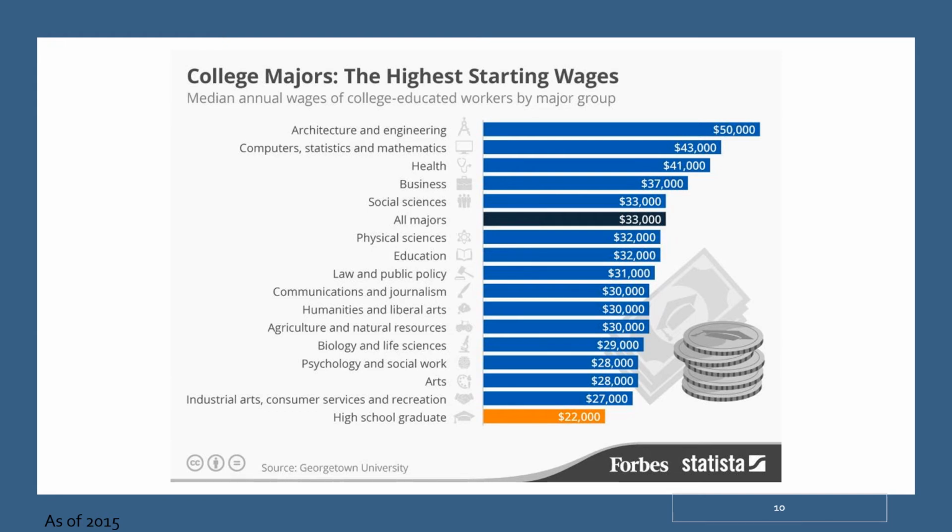You'll see that for all majors, the median average is $33,000. However, the one you should be looking at is the one in marigold down at the bottom, high school graduate, $22,000. So when you're having those days when you're frustrated, you're struggling, you've got the end of the semester, pull this graphic out and reassure yourself that you are here for a reason.